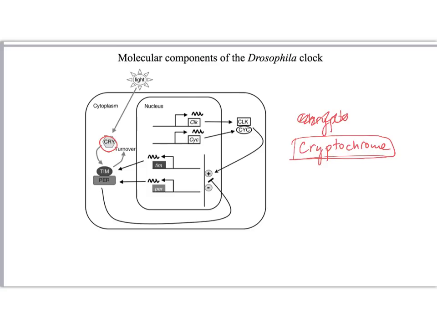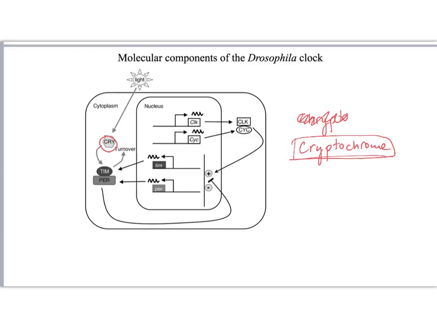So in order to reset the clock, all you need to do is shine light directly to the clock cells itself, which is different to what happens in the suprachiasmatic nucleus, for instance, because the suprachiasmatic nucleus doesn't see the light. And we need to transduce that with glutamate, as we saw previously.